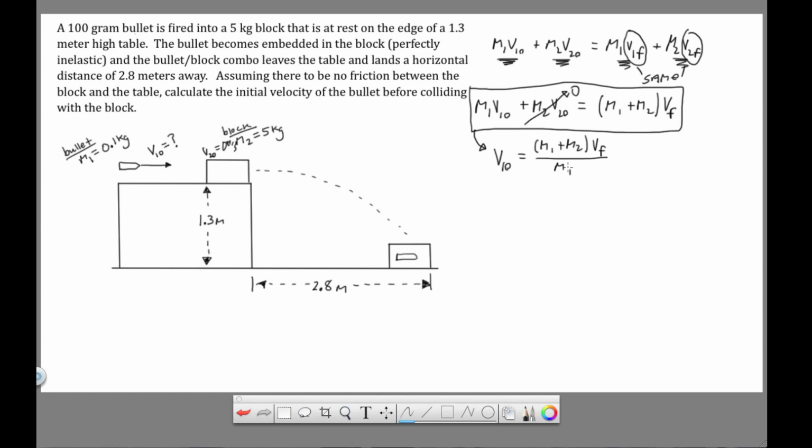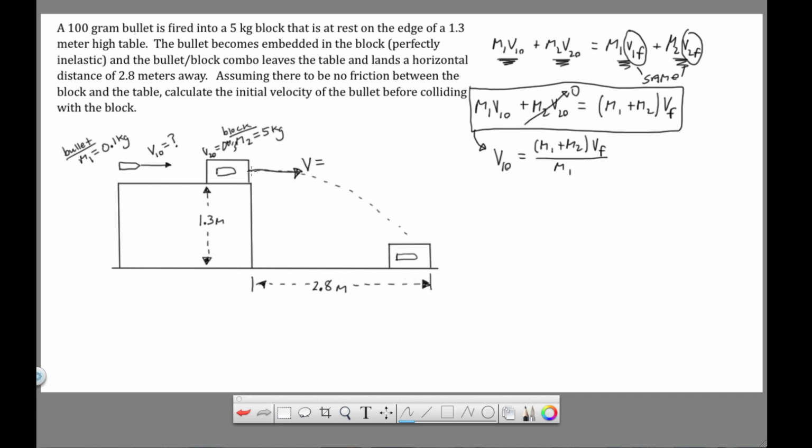The only thing remaining to figure out is the final velocity after the collision, which is the velocity of the bullet-block combo immediately after the collision, when the bullet is now in the block. The way we're going to find it is by using our knowledge of projectile motion. So this basically becomes a kinematics problem. We have the vertical displacement and the horizontal displacement.